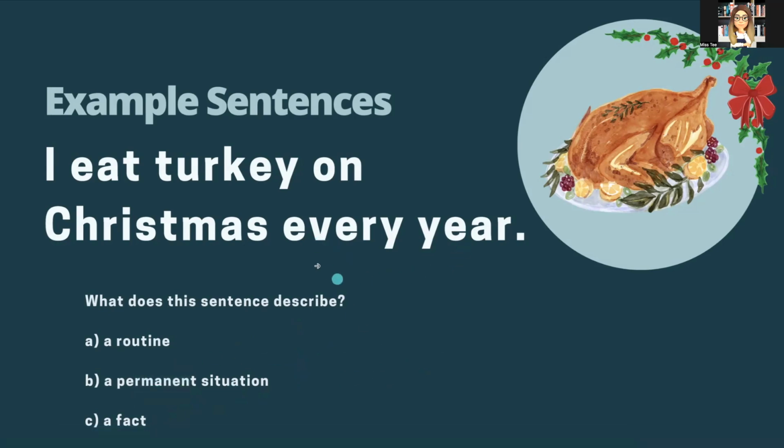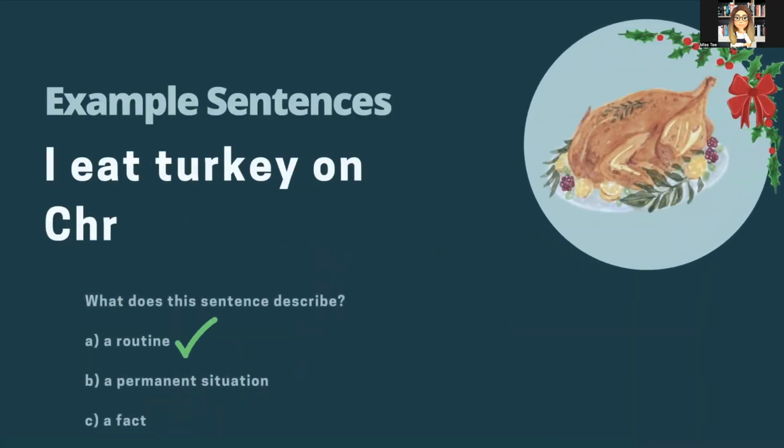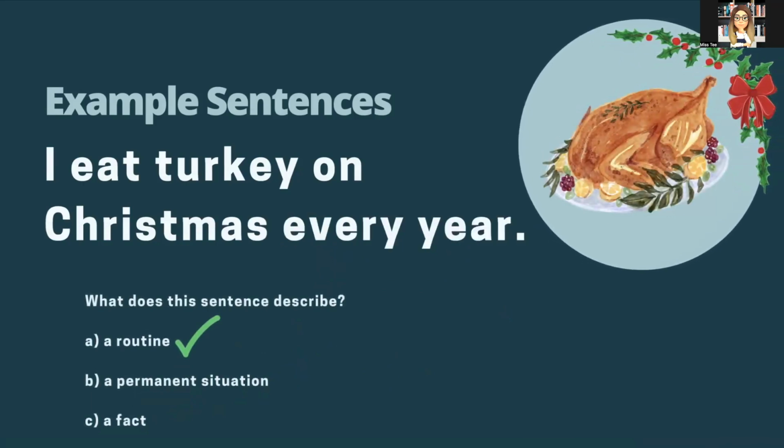Every year. We do have a time word here. Every year. Where do we usually use time words? Let's check. It's a routine. Even though it's once a year, it's every year. So it's a routine, it's regular. So this is the best one to have.